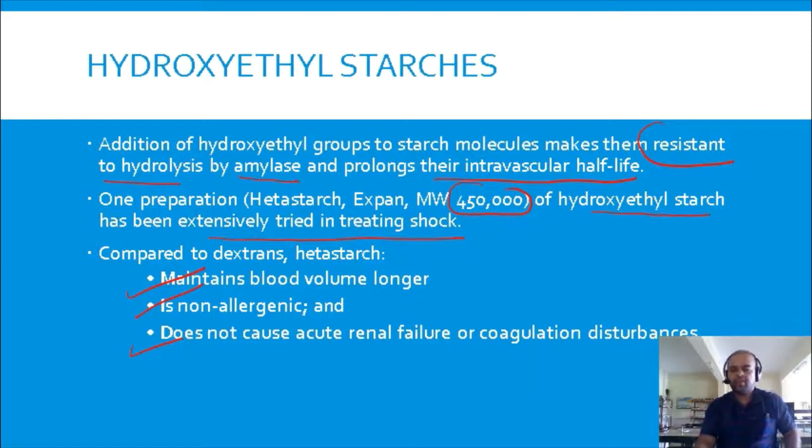So in such conditions, we have to prefer hydroxyethyl starches over dextran. In case of thrombocytopenia or hypofibrinogenemia, in those conditions also we have to prefer this particular drug over dextran.